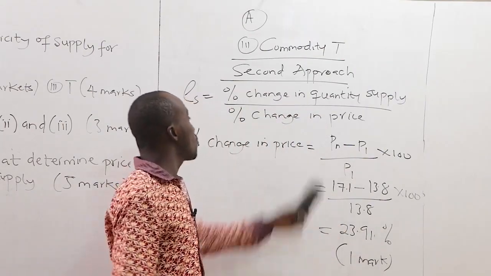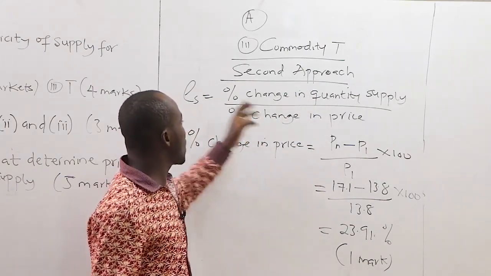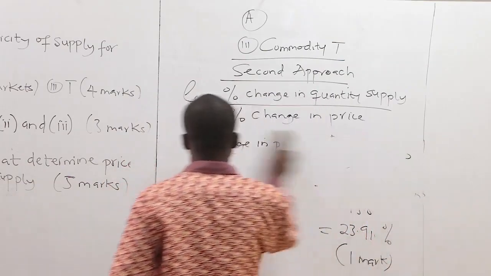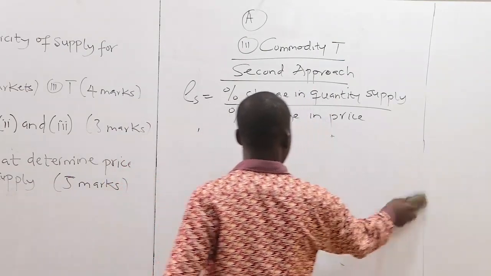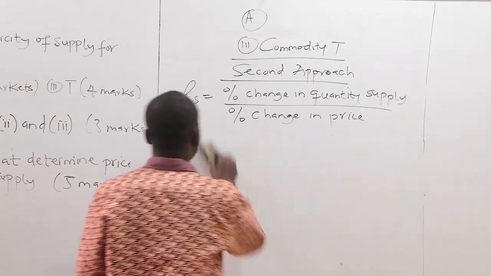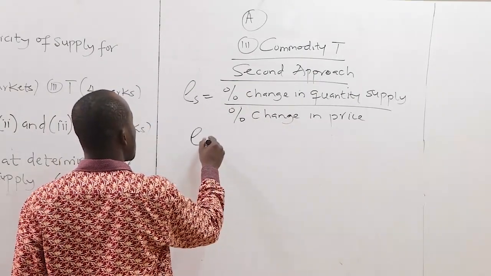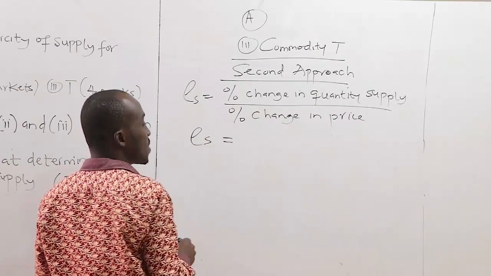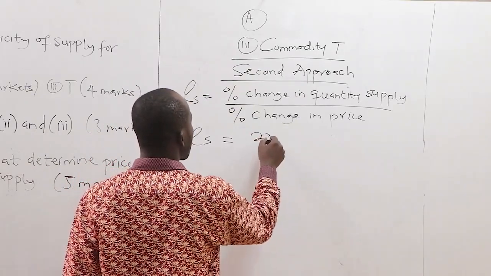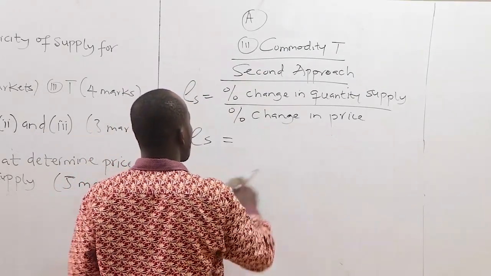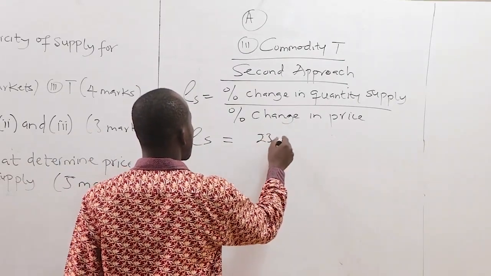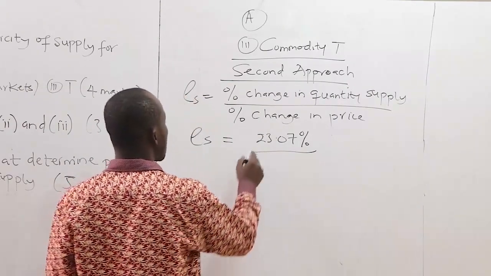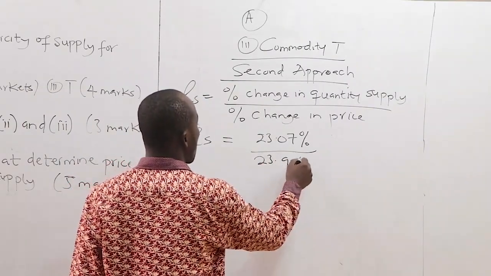If you are not done, you're supposed to go and put it back in the formula so that we can know the price elasticity with respect to T. So the price elasticity with respect to T is going to be the change in quantity supplied, which is what we calculated, 23.07%, divided by the price change, 23.9%.